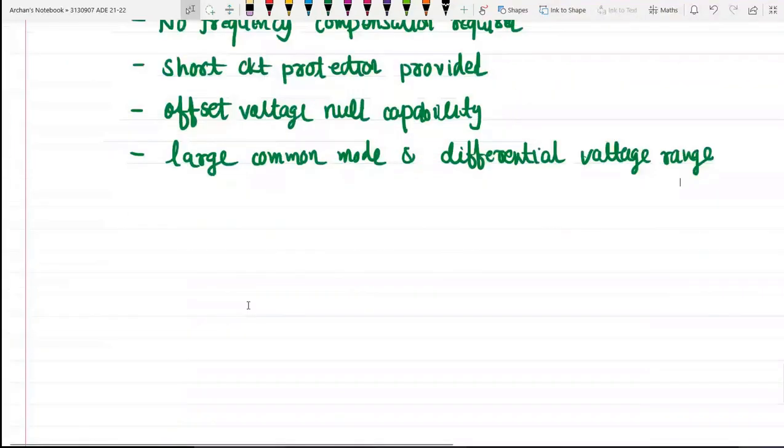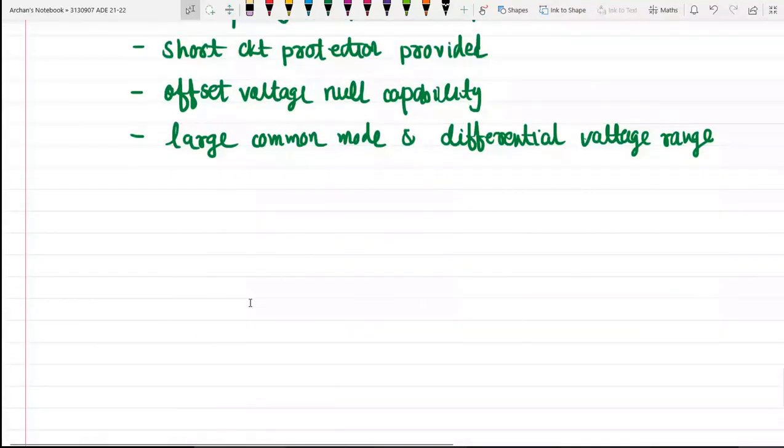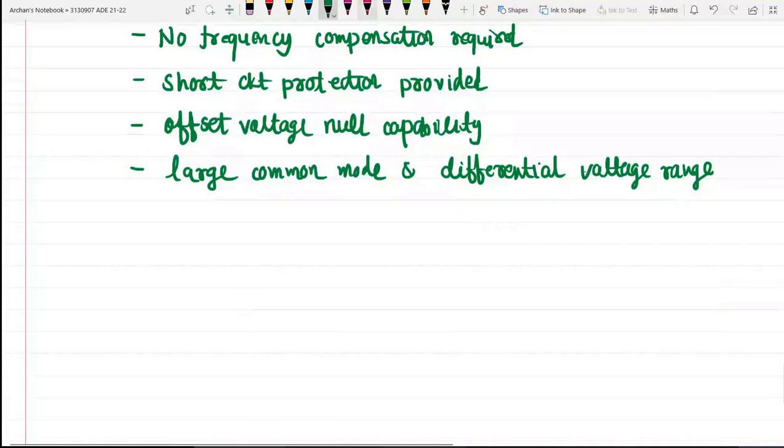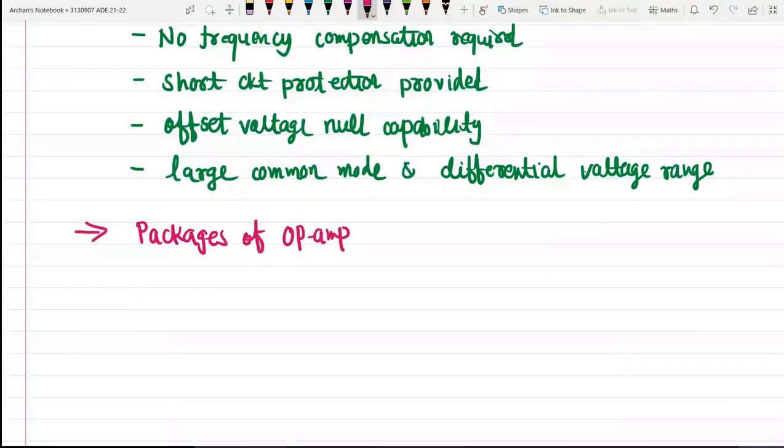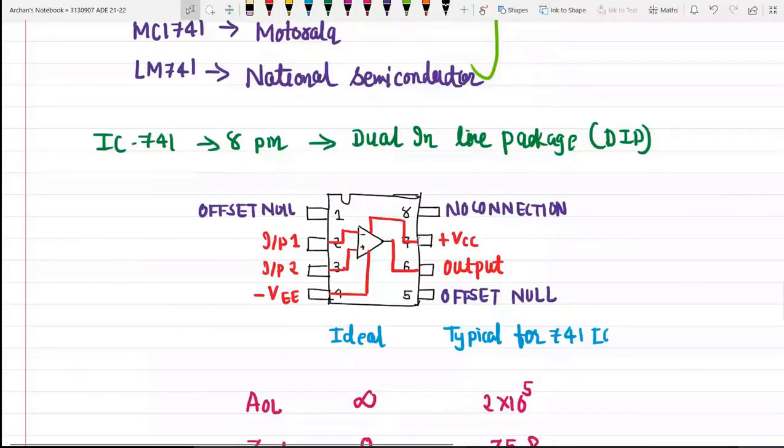Now talking about the packages available for this operational amplifier. Whenever you go to the market and ask for an operational amplifier, you will find that these op-amps are available in different packages. First package we have already discussed. You will find your IC in this chip type, a small rectangular piece where 4 pins are on each side of the IC.